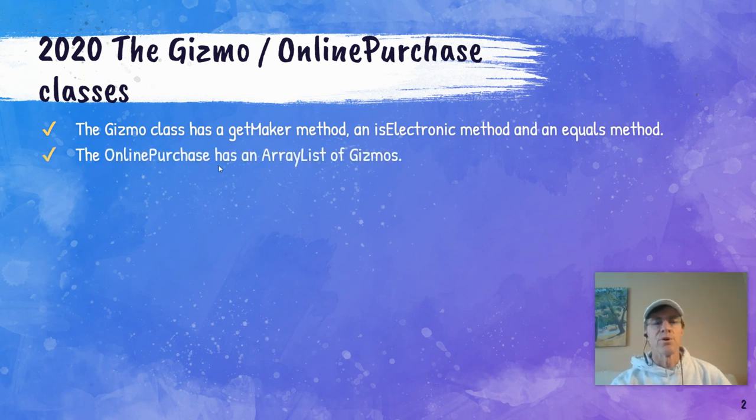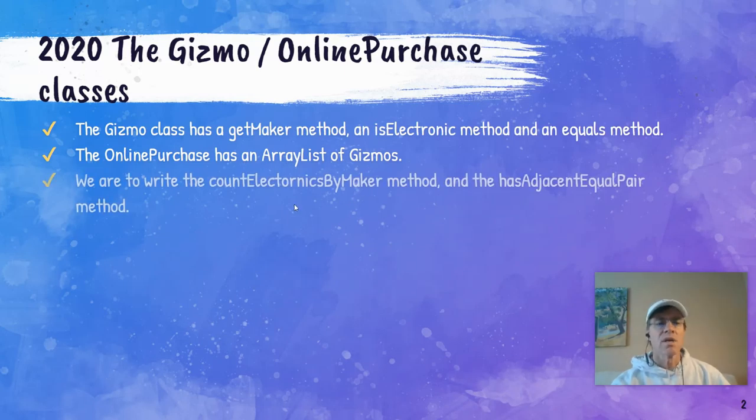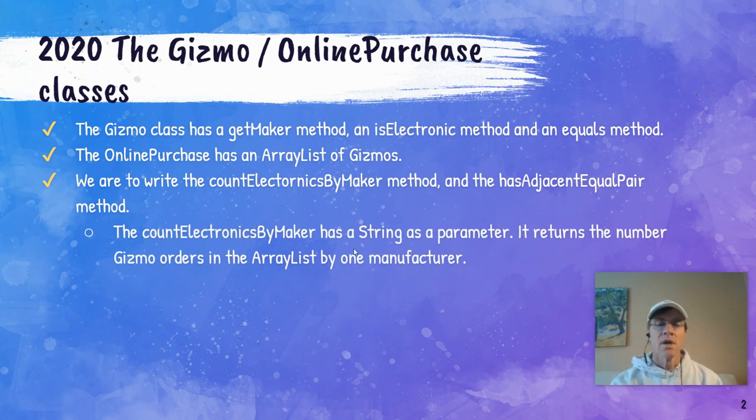There is an online purchase class that has an array list of gizmos, and we are to write the count electronics by maker method. And then a second method, has adjacent equal pairs. That's looking to see inside that array list, are there two consecutive objects that are the same? That's the dot equals.